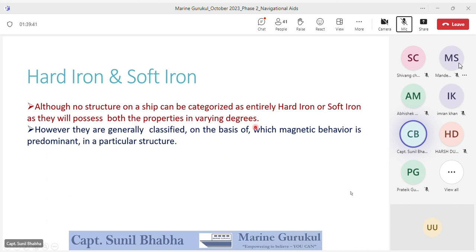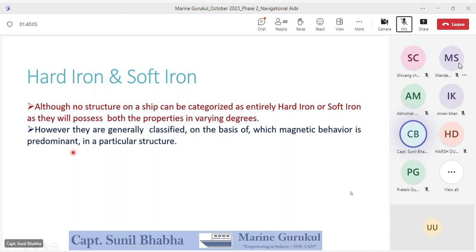So if every structure has both these properties in it, how do we classify them as hard iron and soft iron? Now these are generally classified on the basis of which out of the two magnetic behaviors is predominant in that structure. Let us say we have a mast.